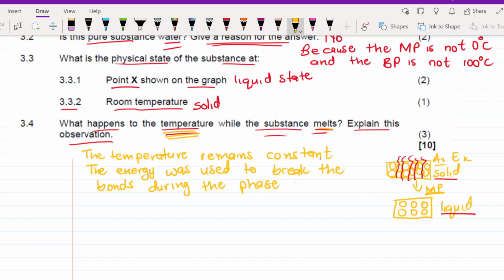Because the phase is changing, all the energy was used to break the bonds at this point. And if all the energy was used to break the bonds, that means there is no available energy to increase the average kinetic energy of the particles.